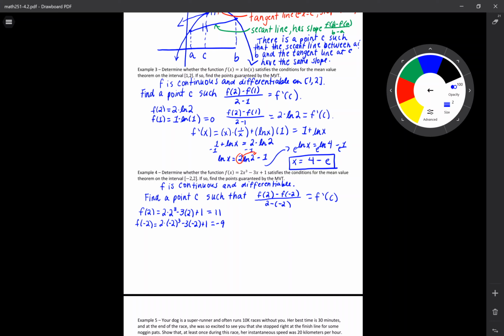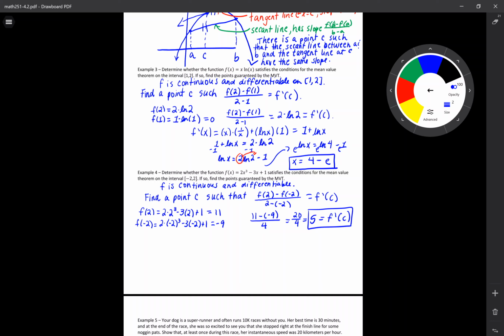So this becomes 11 minus negative 9 over 4. This simplifies to 20 over 4, or 5. And I'm looking for a c value such that my slope of f at that c value is equal to 5.